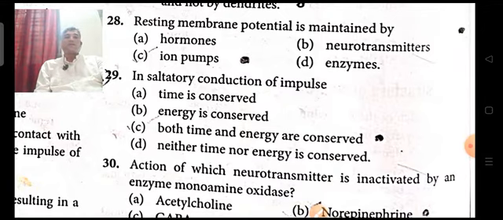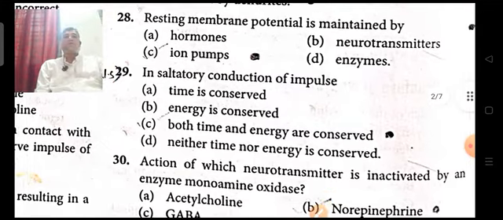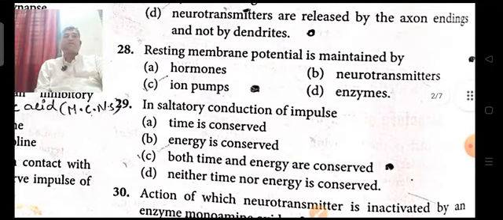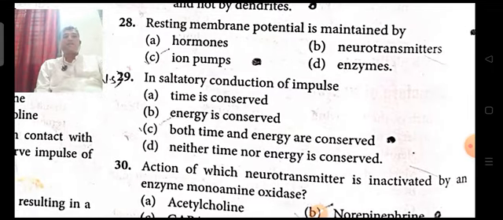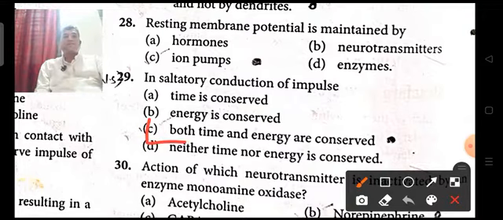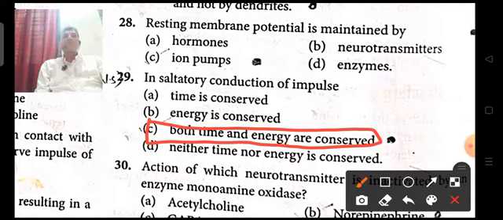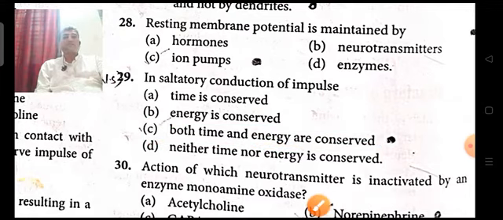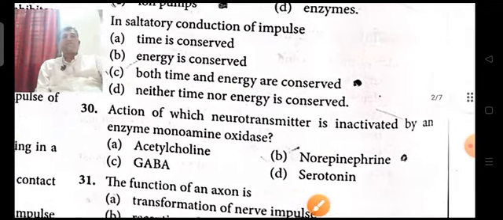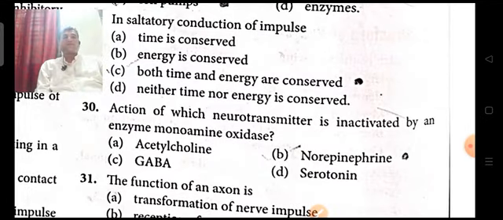So because of this saltatory conduction, that is fast conduction, the ion requirement is less and the energy conservation is also there. So here the option is both energy and time are conserved in the saltatory conduction of impulse.